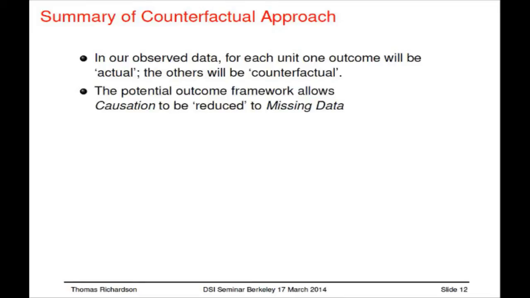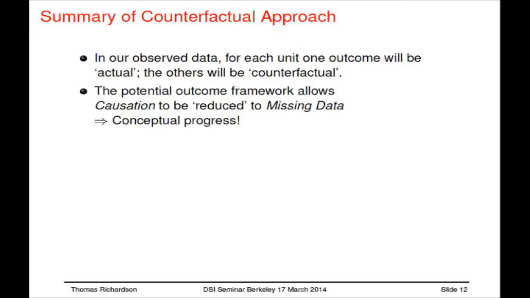So just to summarize, we've seen that for each unit, one outcome is actual and the others are counterfactual. The key idea is that we started out with this notion of causation, and through this mechanism of potential outcomes, we've reduced it to missing data.